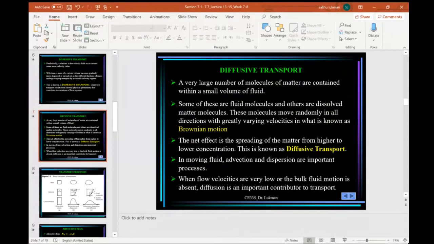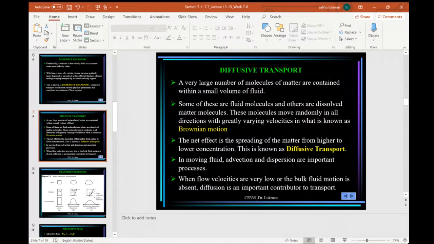In moving fluid, advection and dispersion are important processes, while diffusion occurs even when the fluid is not in motion. Even for static fluid, diffusion occurs because you have a difference in concentration, and Brownian motion occurs even in static fluid. So there is every tendency of movement of molecules from regions of higher concentration to regions of lower concentration.